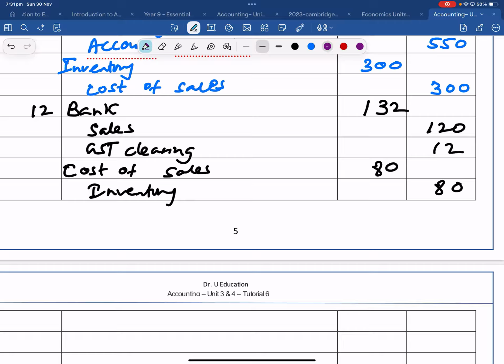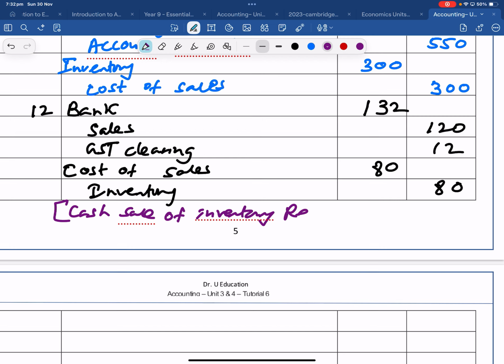Also, guys, imagine we are going to write a narration for this. How do we write it? Cash sale of inventory, wonderful, that's it.